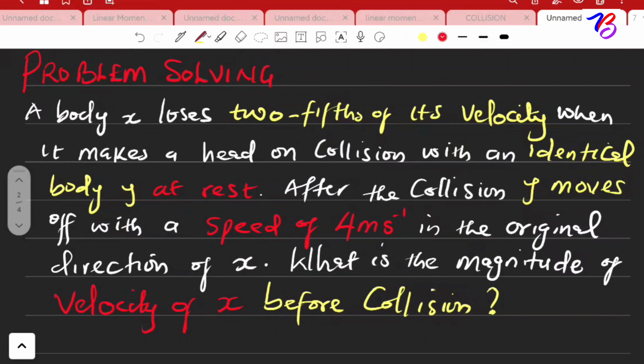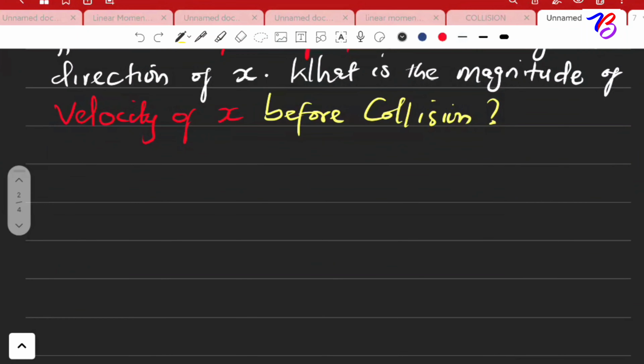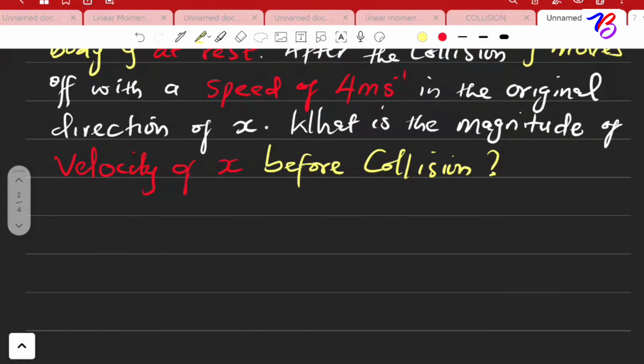The triune components: the masses x and y, identical, followed by their direction and their velocities. So we're going to use some shapes to depict this question for better understanding. Let's insert objects of masses x and y.